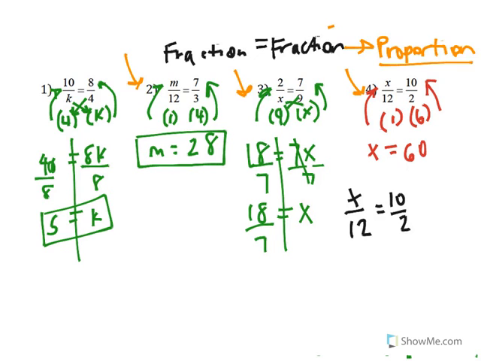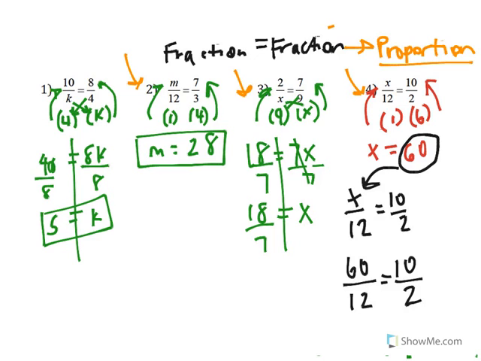We can substitute this value in for x and see if our answer is true. Let's see. 60 divided by 12 is 5. 10 divided by 2 is 5. Our answer makes sense.